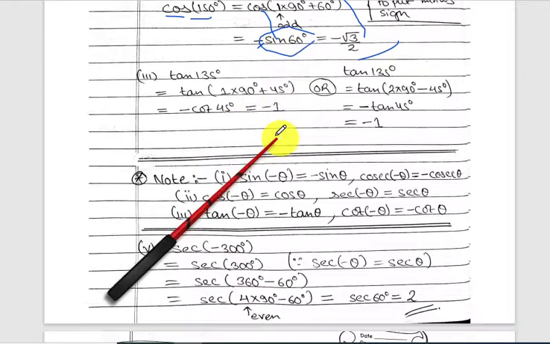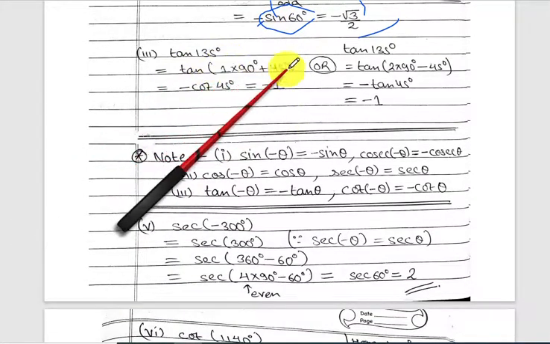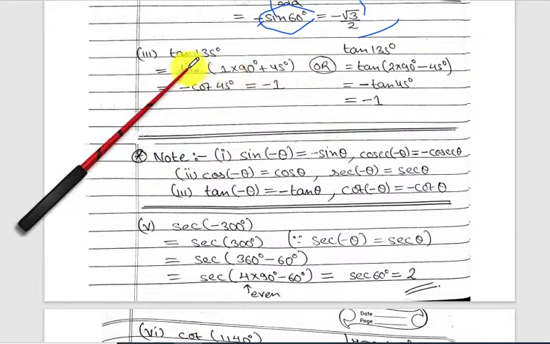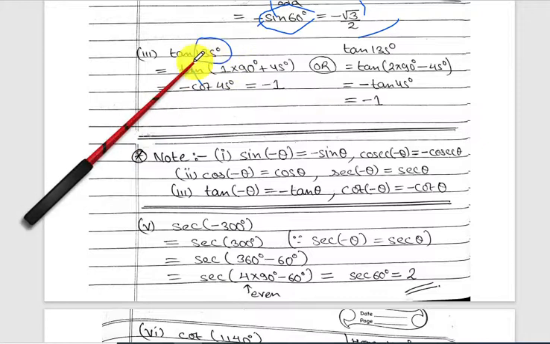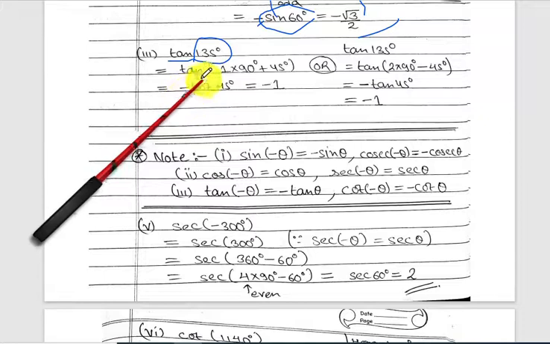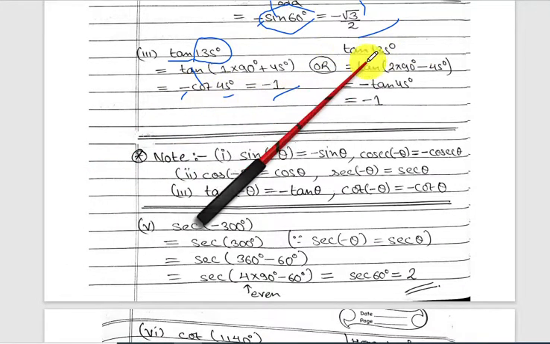Tan 135, I can write tan (1 into 90 plus 45). 1 is odd, so tan will change to cot. This whole angle is in the second quadrant and tan is negative in that quadrant. That's why negative sign. So minus cot 45 is minus 1. You can do this way also.